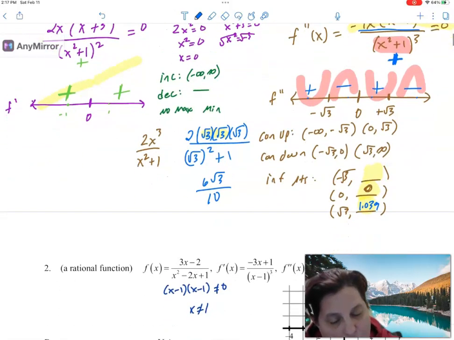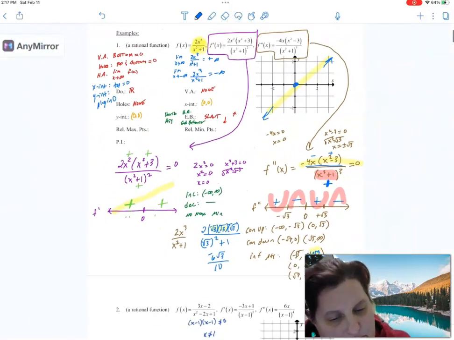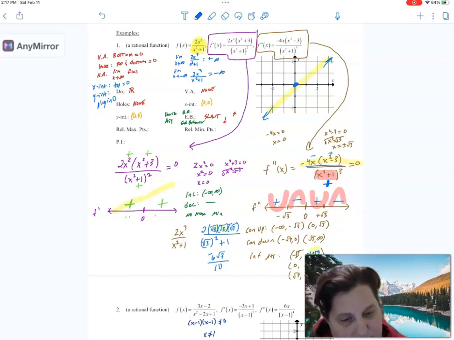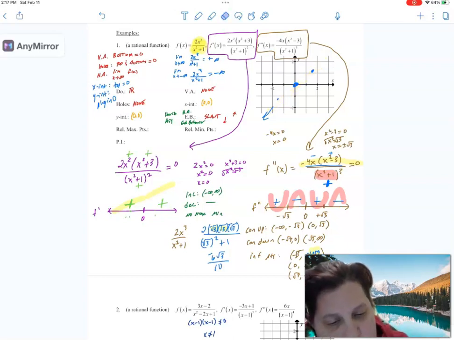And then you guys, with the negative root 3, the only difference is it would make the top a negative. So that's going to be negative 1.039. Okay? So root 3 is like 1.7. Root 3 right above 1, and then negative root 3 right below 1. Okay, so let's think about this.